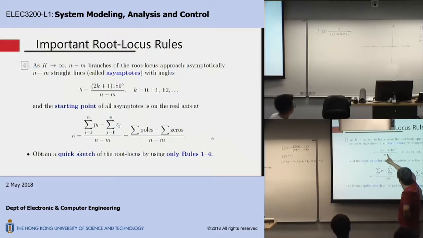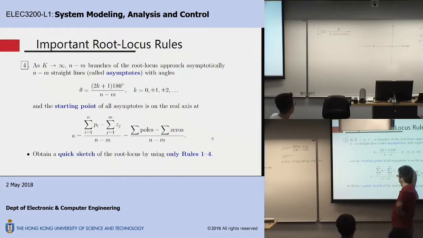You want to get these three phases, so three angles. How to do it? You first let k be 0, then 180 degrees divided by 3.